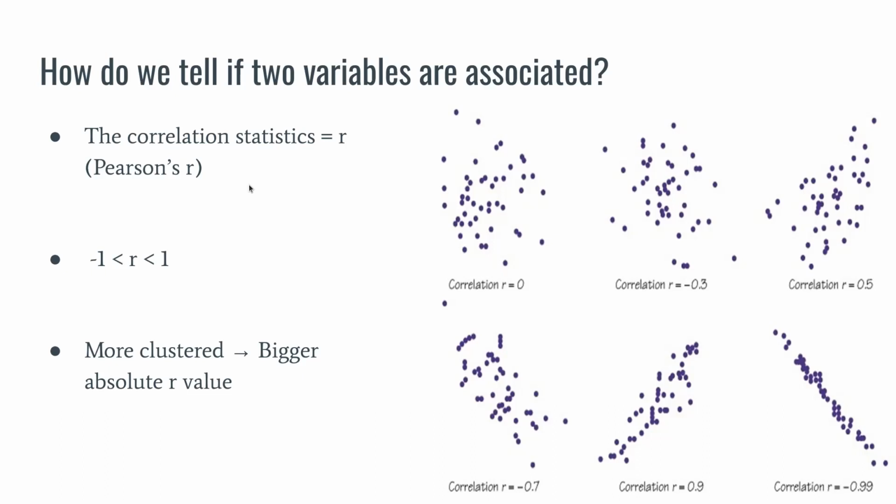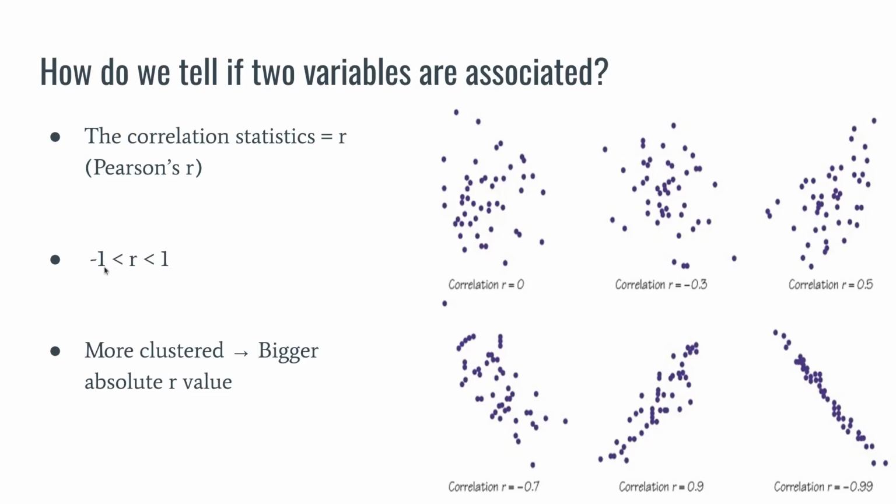You can think of this as a mathematical expression of the relationship, and the value will be between -1 and 1. And the sign indicates direction, and the number indicates the strength.